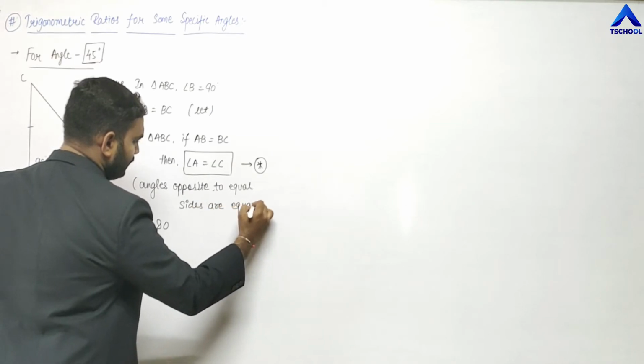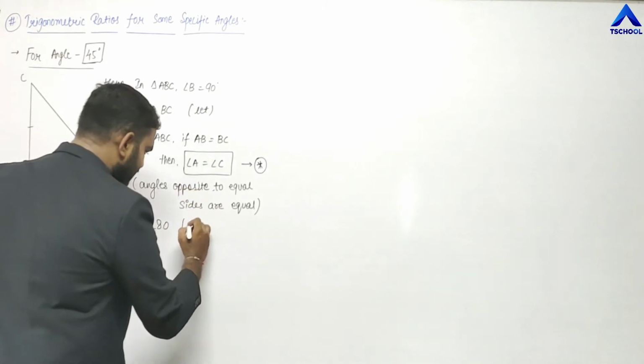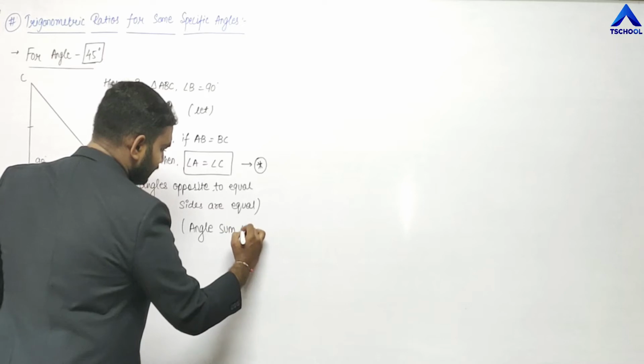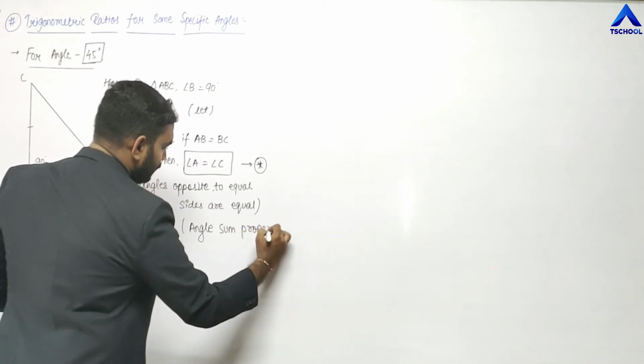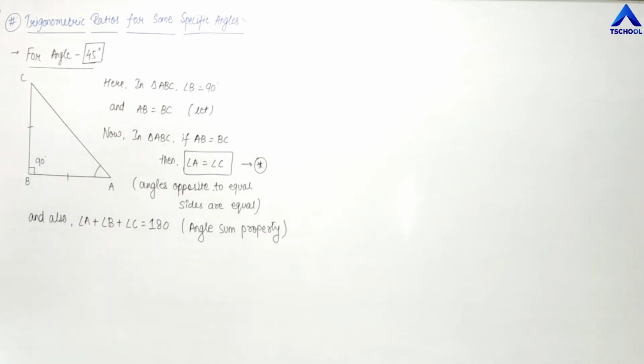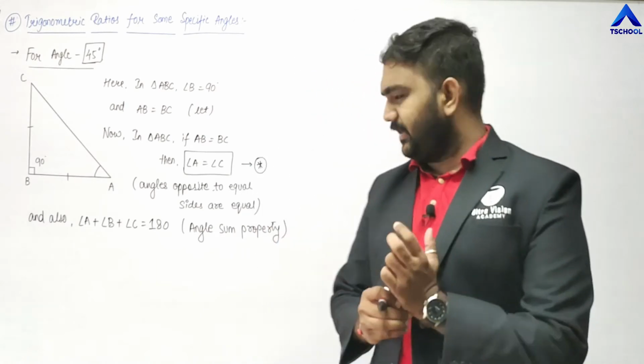The reason being the angle sum property. Angle sum property means the sum of all the angles of a triangle is equal to 180 degree.